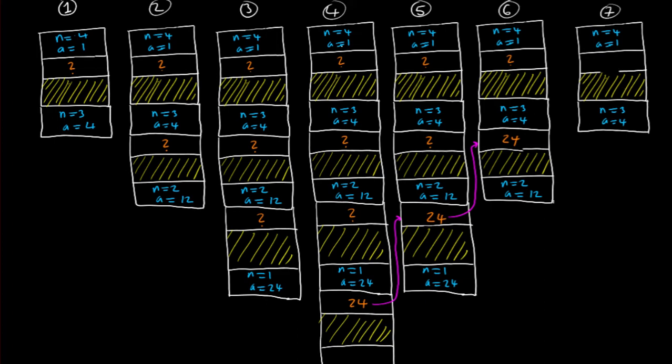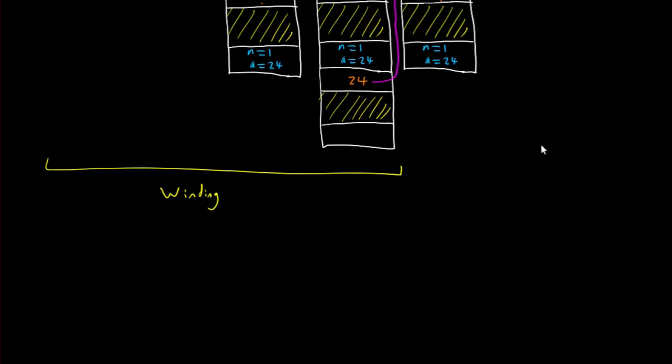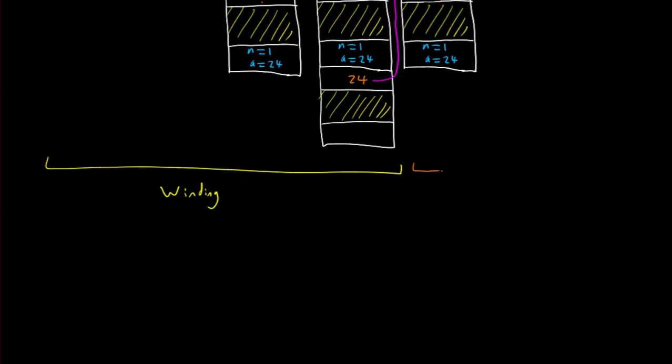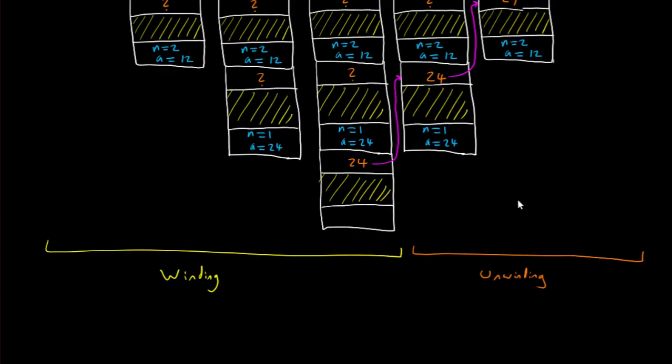And again, what happens is this return value just gets passed up the chain, and it becomes the return value here. So we're going to get a 24 here, and we've concluded at the end of our unwinding, which notice involved no work.